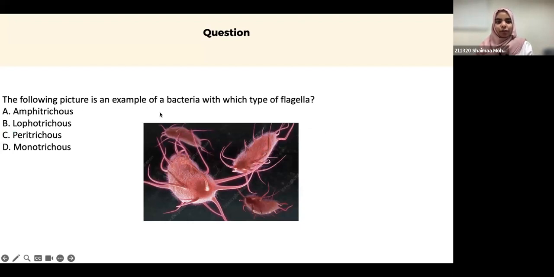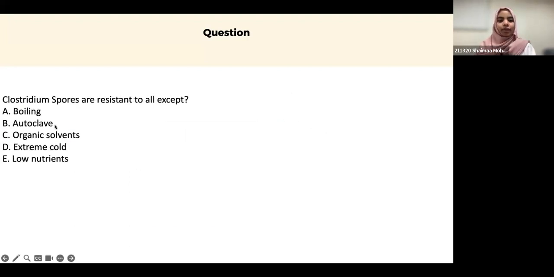The following picture is an example of a bacteria with which type of flagella arrangement? Yes, peritrichous. Amphitrichous is on two sides, lophotrichous all on one side, and monotrichous is only one. Clostridium spores are resistant to all except, yes, perfect, autoclave. So it can resist harsh conditions except an autoclave.